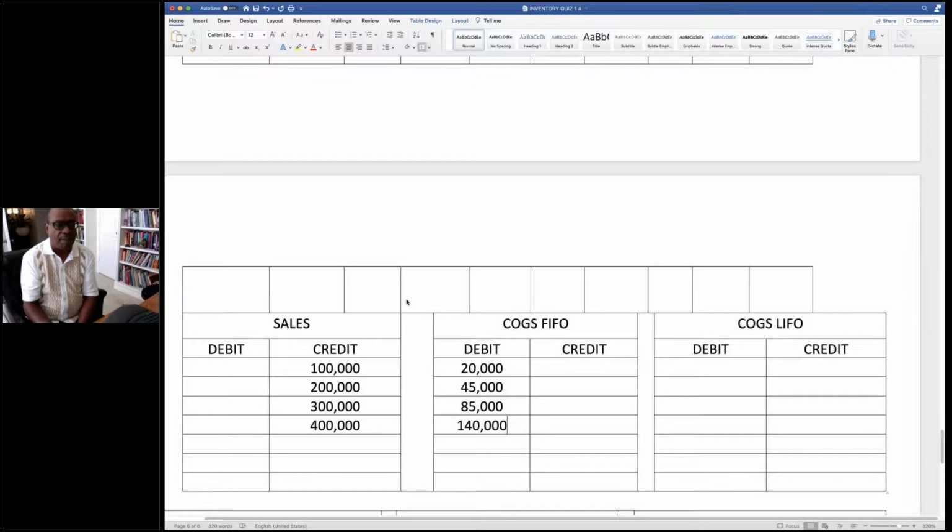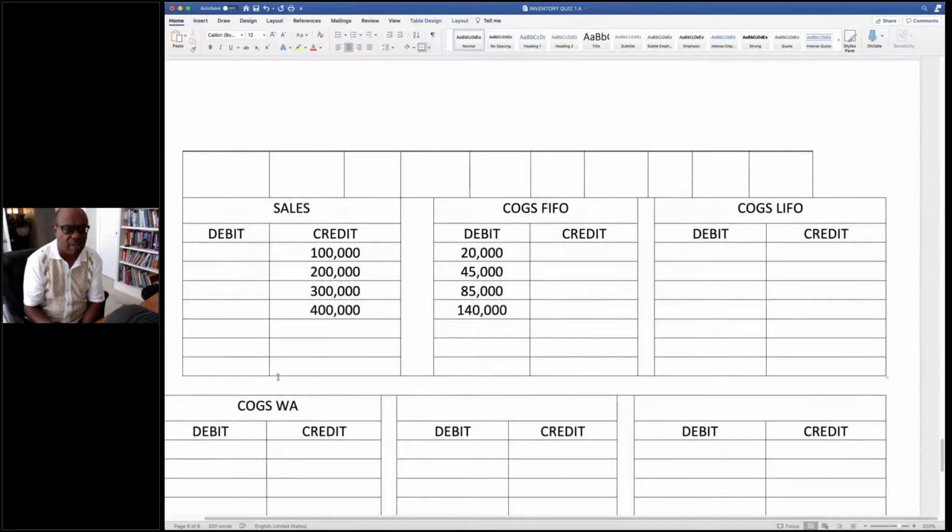So when we get our balances, what's the total sales balance? $1 million. What's the total COGS balance? That should be 290.